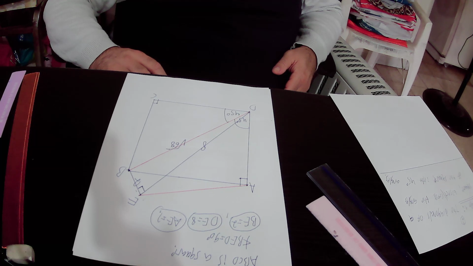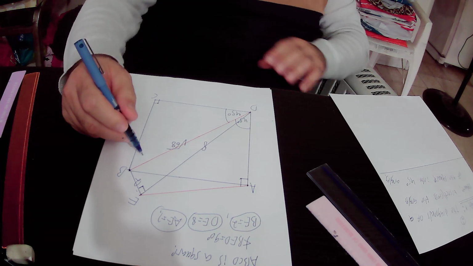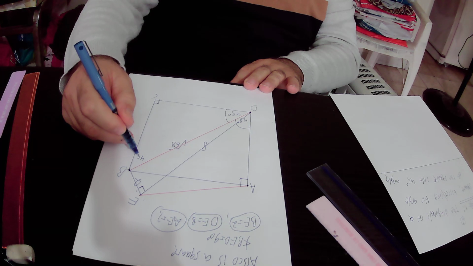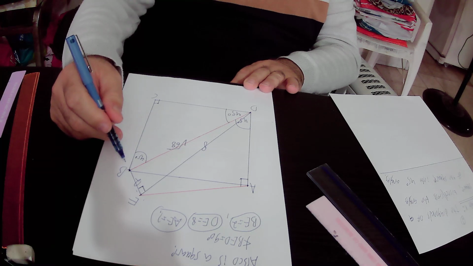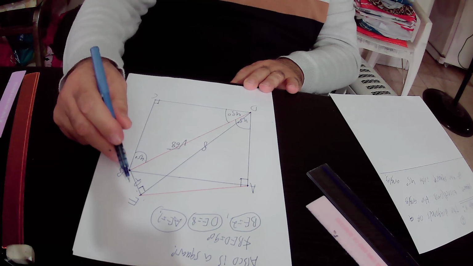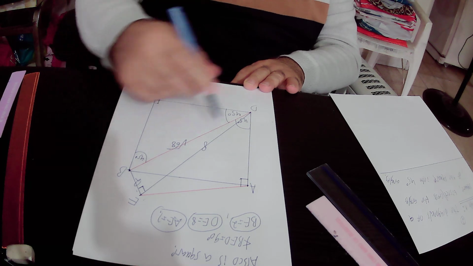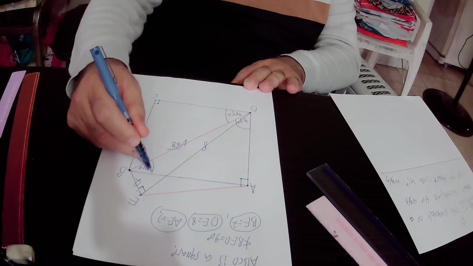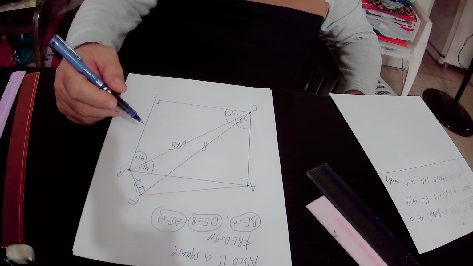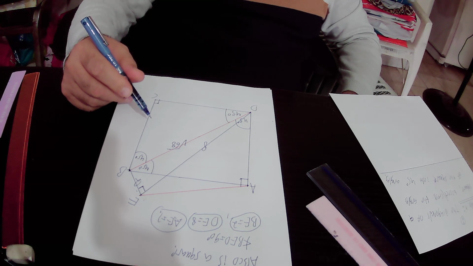And likewise, angle CBD will be equal to 45 degrees, and angle ABD will also be equal to 45 degrees, because according to rule number 1, the diagonal DB divides the angles of a square into two equal angles.